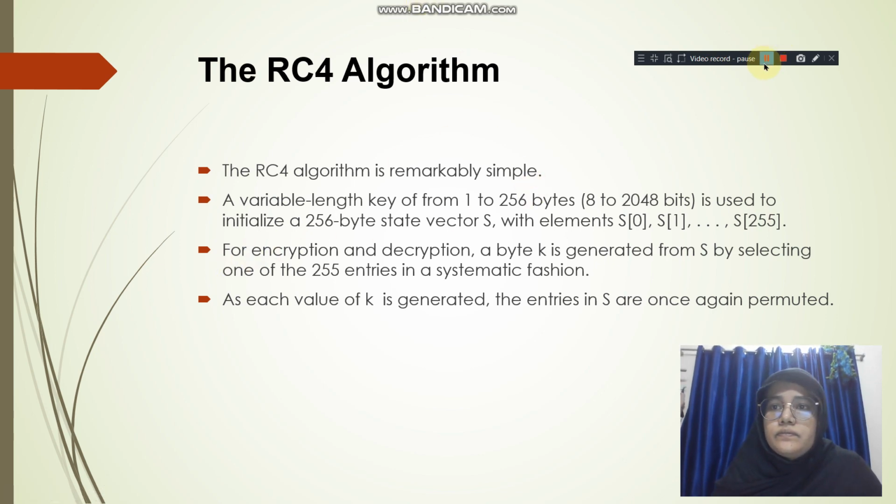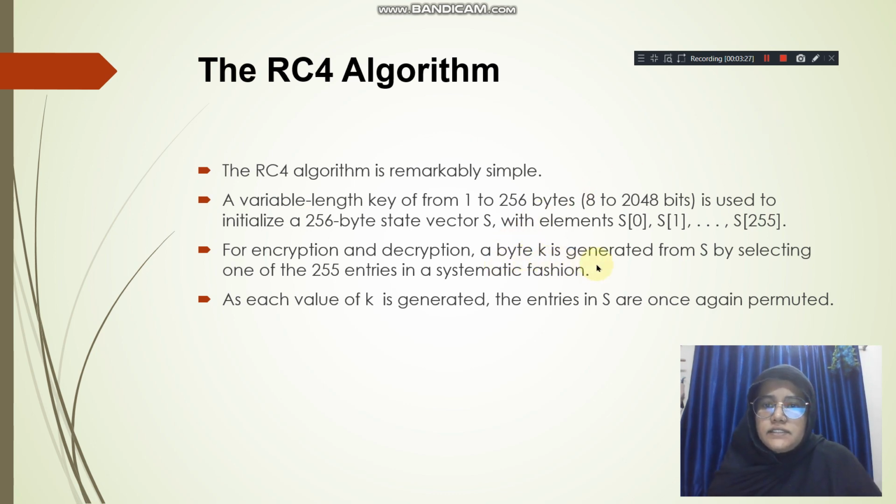Then for encryption and decryption, a byte key k is generated from S by selecting one of the 255 entries in a systematic function. As each value of k is generated, the entries in S are once again permuted.